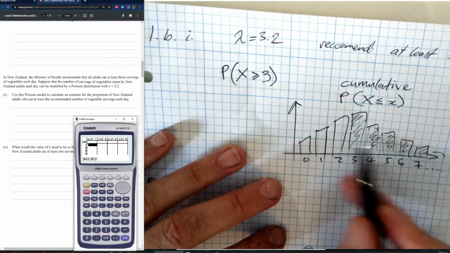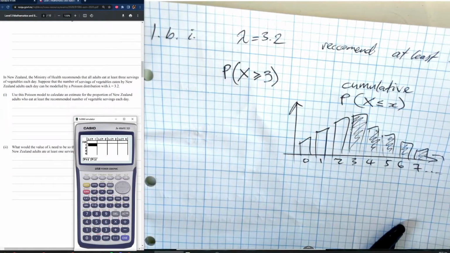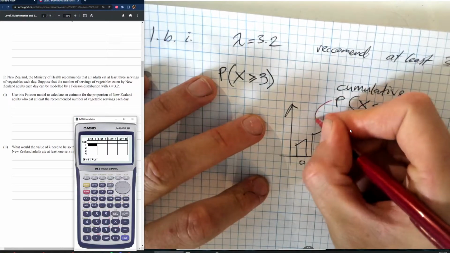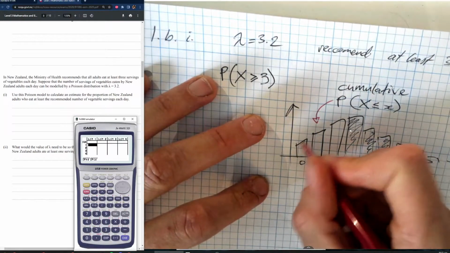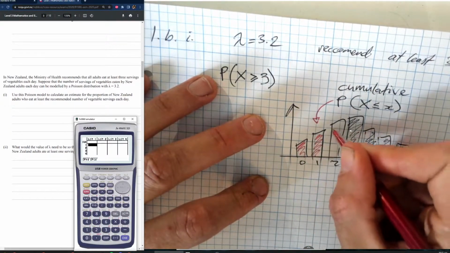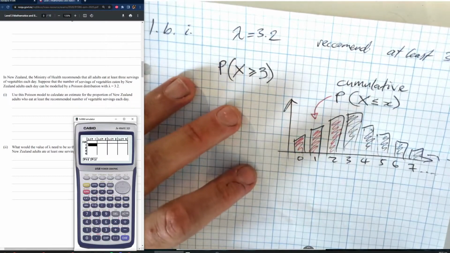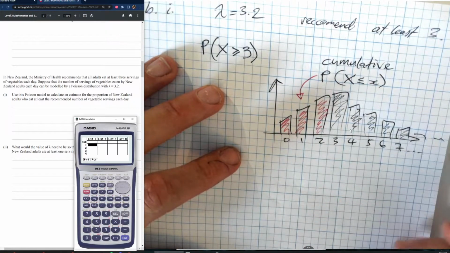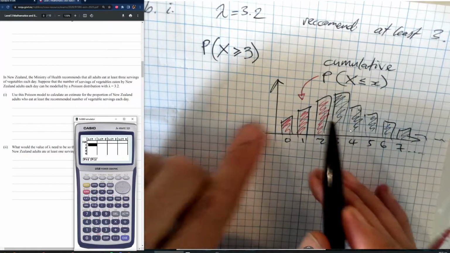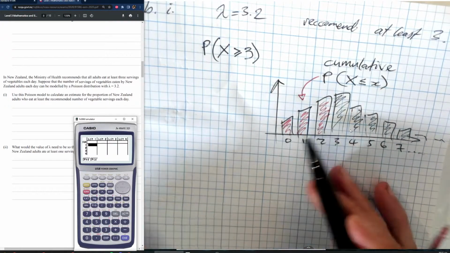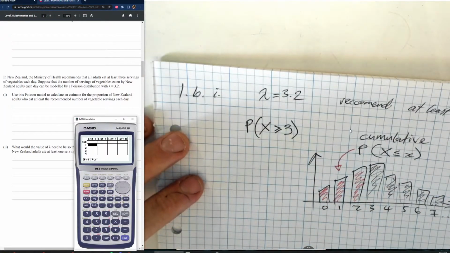So we can actually find out this one by just doing the reverse, because cumulative we could do zeros, the 1s and the 2s, and because we know that all distributions add up to being 1, we can just do 1 minus whatever we find in the red. So let's write that out.